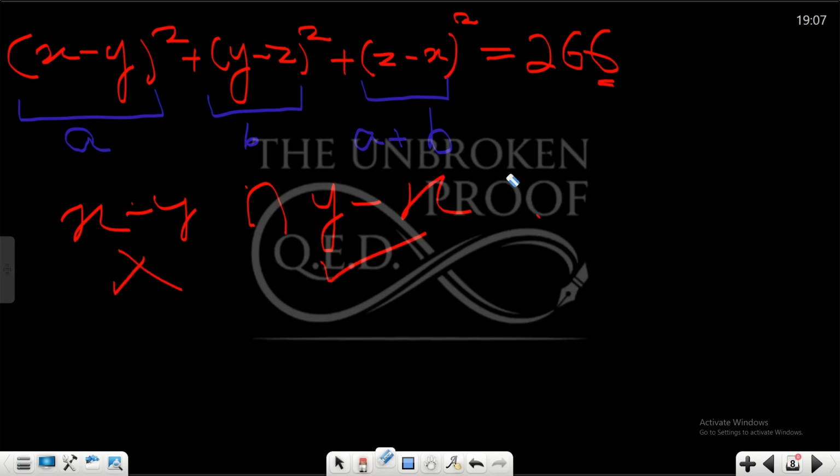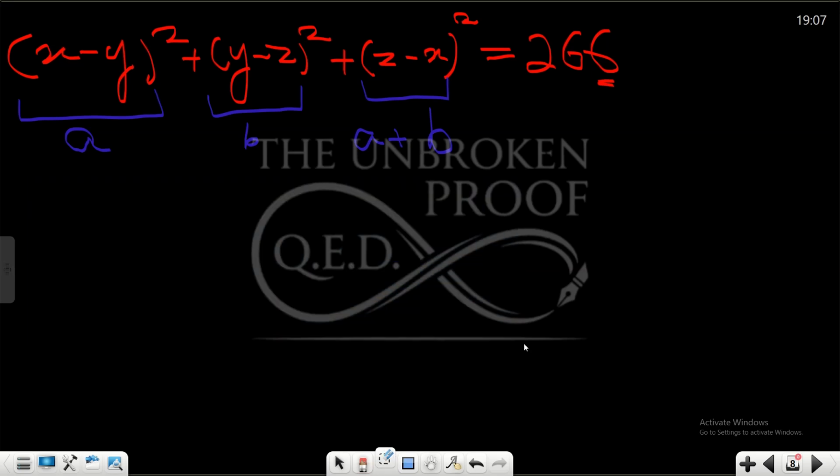So instead of writing x minus y inside this whole square term, we will write simply y minus x. Even though x minus y whole square and y minus x whole square doesn't make any difference, we will still write y minus x whole square.